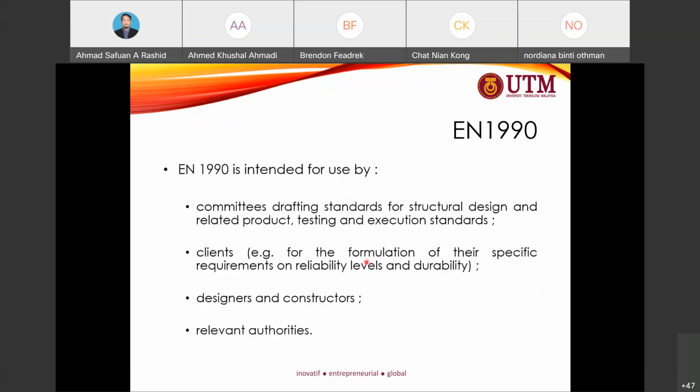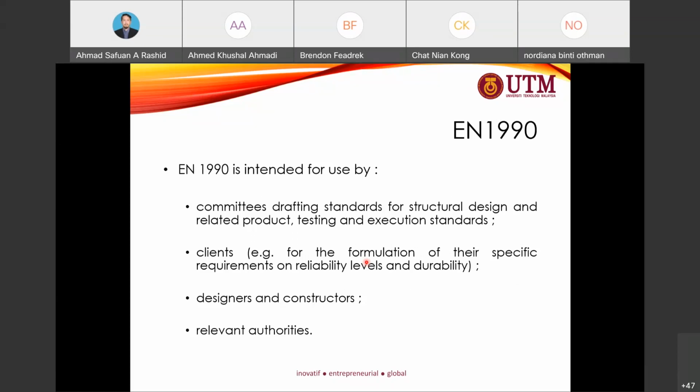Eurocode 1990 is intended for use by committees drafting standards for structural design and related product testing and execution standards, and by clients for the formulation of their specific requirements on reliability level and durability. I guess Eurocode 1990 also discusses the durability of the material.